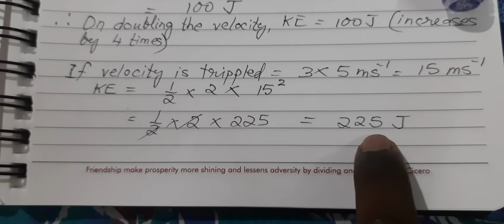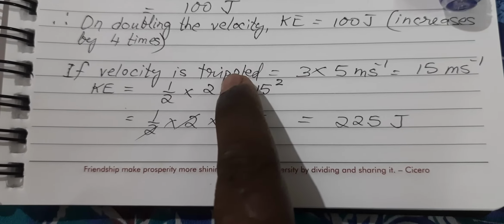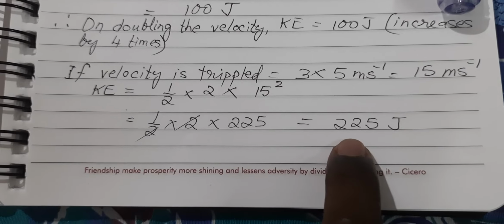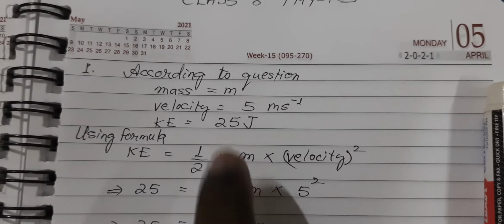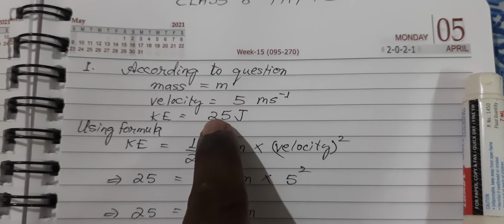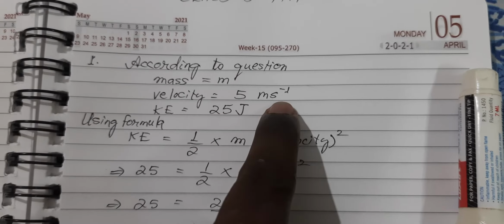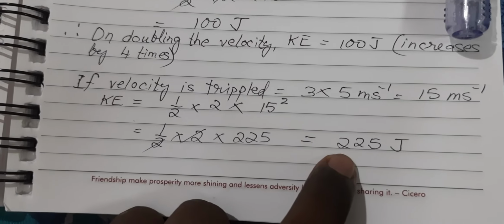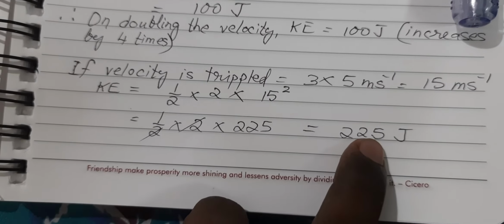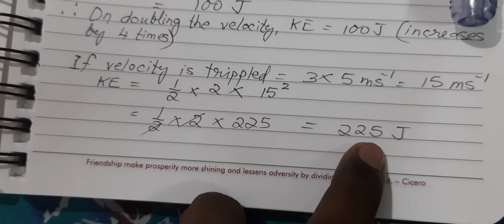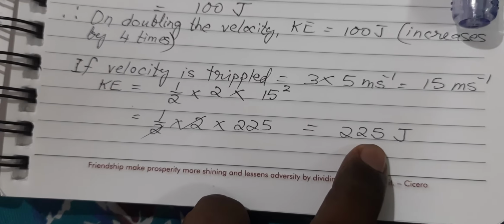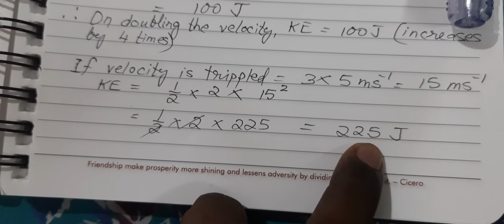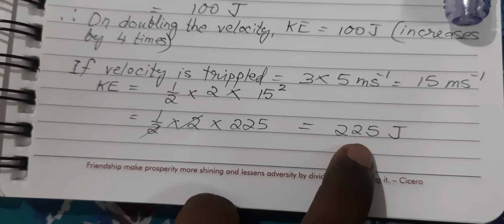So after tripling the velocity, kinetic energy becomes 225. Before, how much was the kinetic energy? 25, when velocity was 5 meters per second. Now after velocity is tripled, what happens to the kinetic energy? It becomes 225. 225 is 9 times of 25. 25 9s are 225.